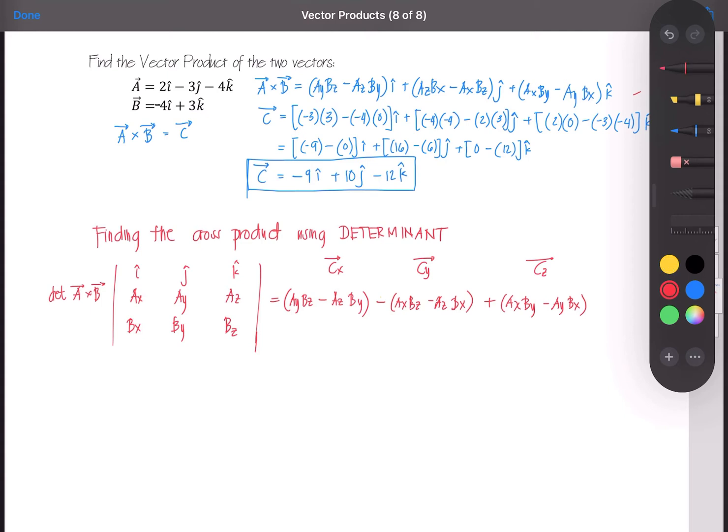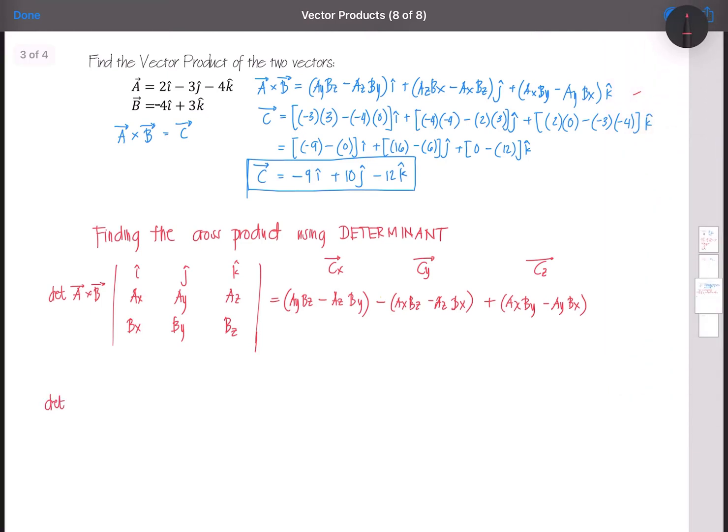So how do we do that now? In solving the example, we get the determinant of A cross B. We have i, j, k, then 2, negative 3, negative 4, and then negative 4, 0, and 3.